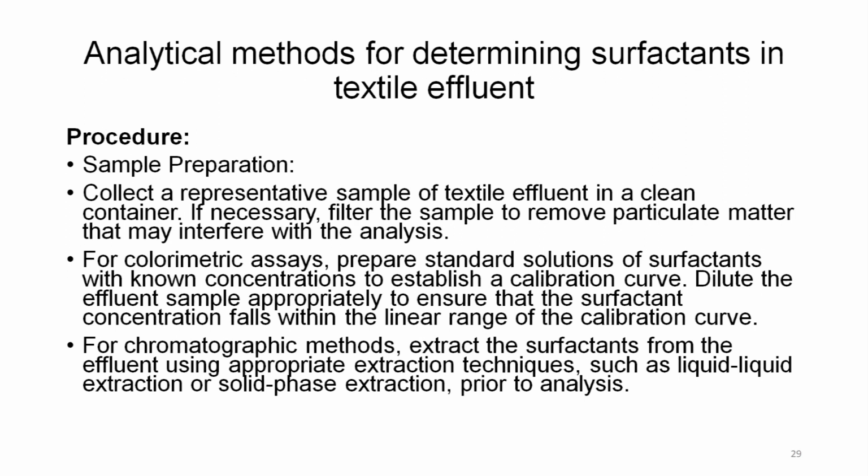Dilute the effluent sample appropriately to ensure that the surfactant concentration falls within the linear range of the calibration curve. For chromatographic methods, extract the surfactant from the effluent using appropriate extraction techniques such as liquid-liquid extraction or solid phase extraction prior to analysis. So, both the methods require sample treatment and sample preparation in a very different manner.